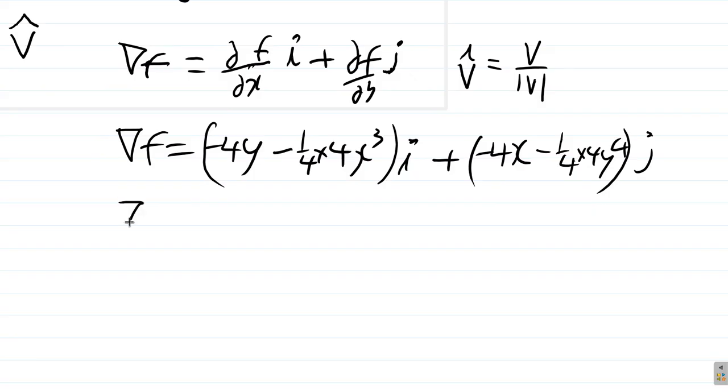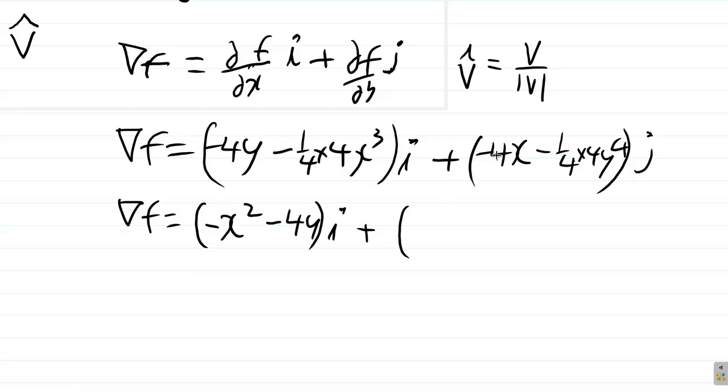You can simplify it and say the grad of f is equal to, let's put the x part first. Negative a quarter by 4 is 1. So it's negative x squared minus 4y i plus, then negative 4x minus, hold on, it's x cubed.